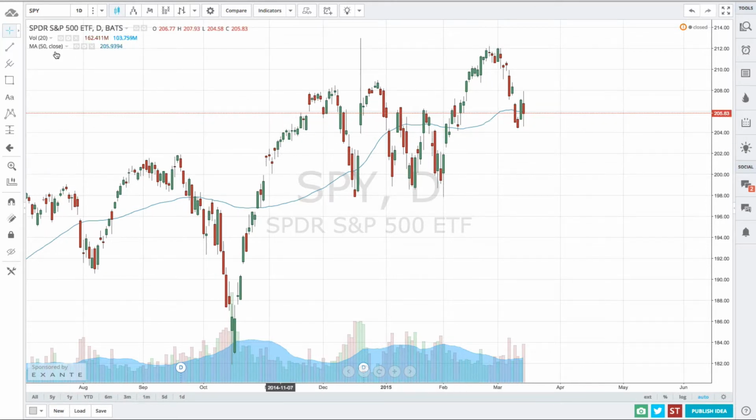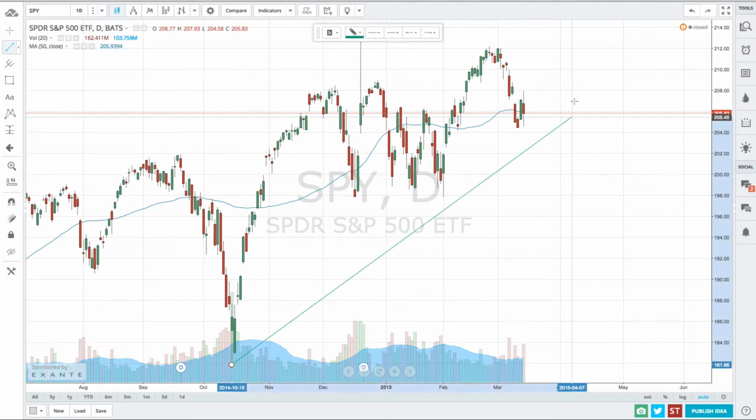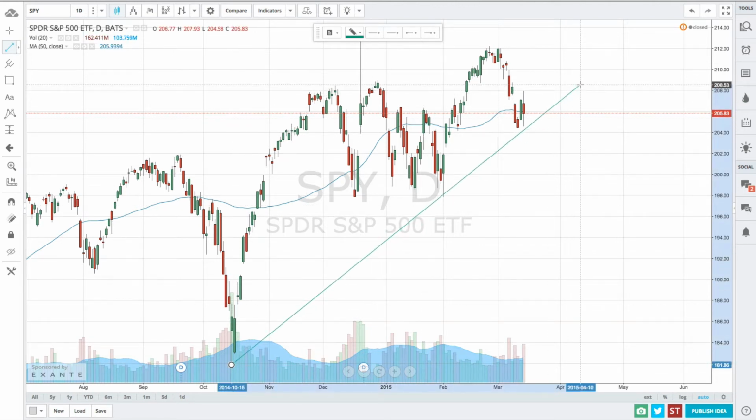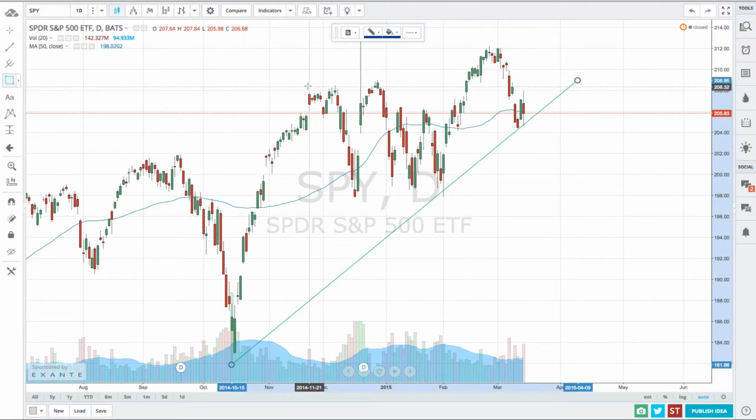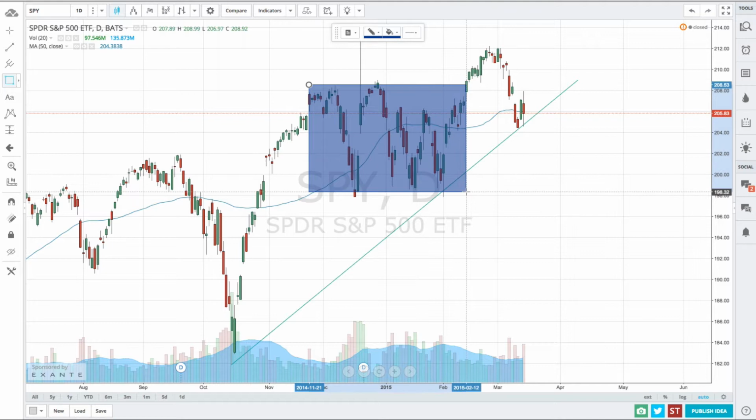Looking at the price action now, let's see if we can figure out how to use these tools. We've talked about this trend right here, assuming that we go from the low back here on 10/16, through the low from 2/2, and then using the low from 3/11, which was Wednesday. You can see we had all this consolidation right in here, so that should support going forward, but we shouldn't really come too far back into that.